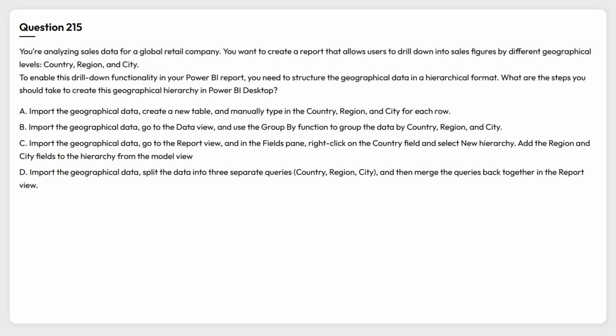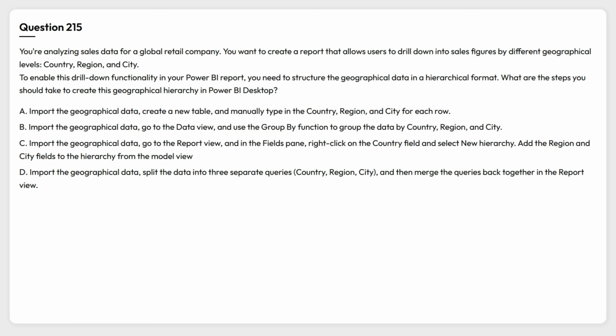Option A, import the geographical data, create a new table, and manually type in the country, region, and city for each row. Option B, import the geographical data, go to the data view, and use the group by function to group the data by country, region, and city. Option C. Import the geographical data.